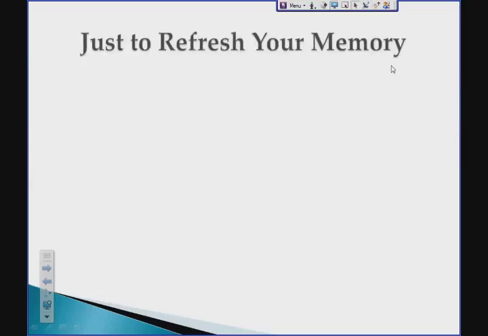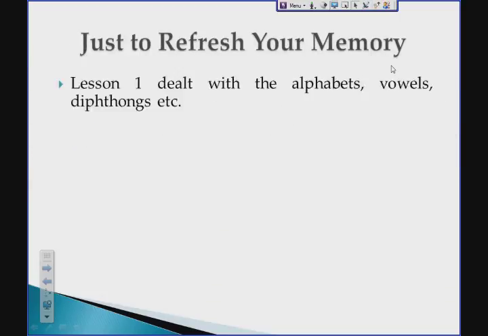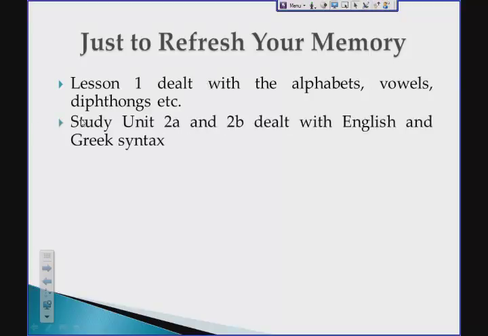Just to refresh your memory, Professor Pierre Jordan did some work while I was away. Lesson 1 dealt with the alphabets, the vowels and diphthongs. And study unit 2A and study unit 2B, according to your study guide, we dealt with the English, Afrikaans, and Greek syntax.